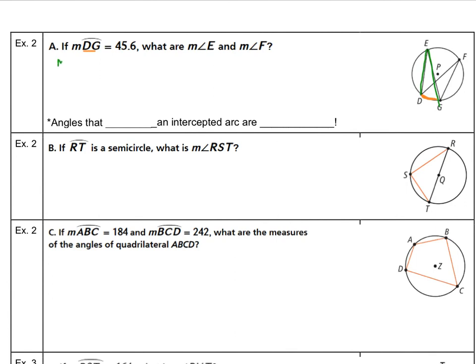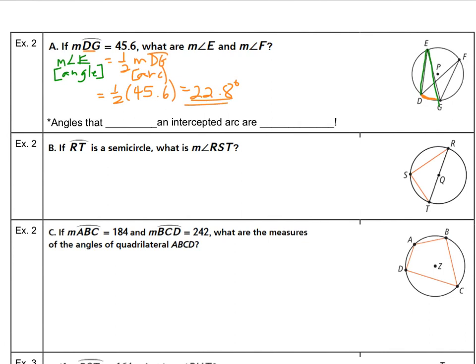And the measure of angle E, because it's an angle, is going to simply be 1/2 the intercepted arc, so the measure of DG. That would be your arc measure. Half of 45.6, you could also just type in 45.6 divided by 2. Half of 45.6 is 22.8 degrees.